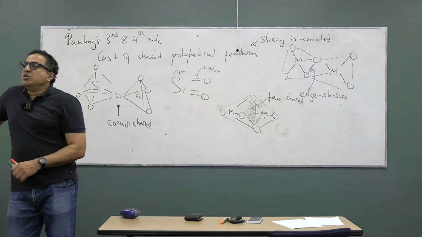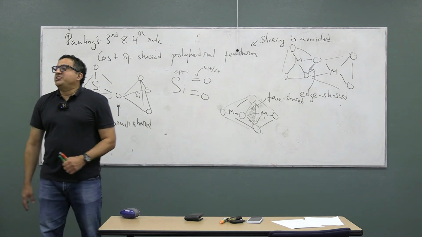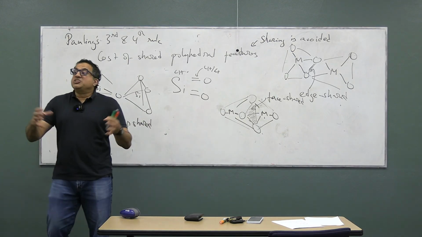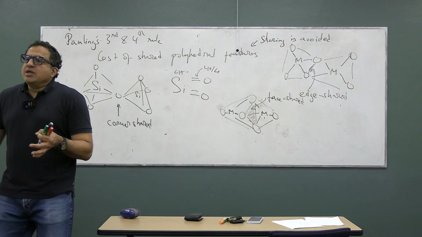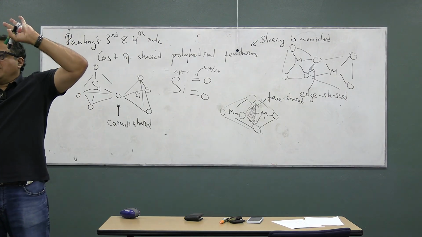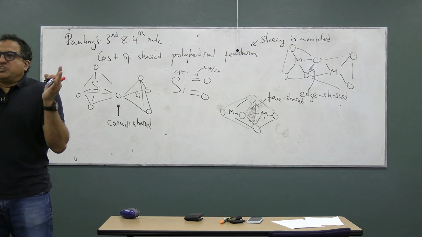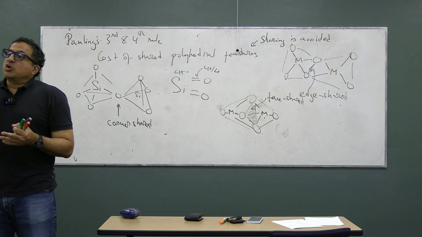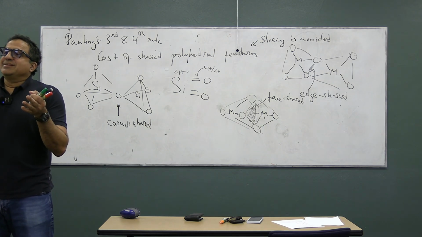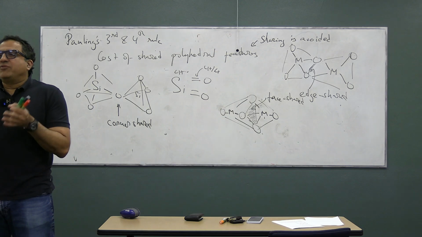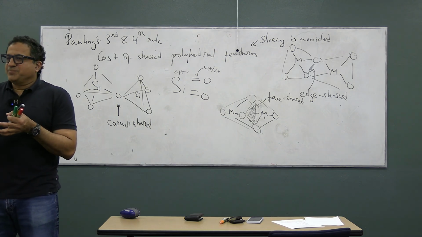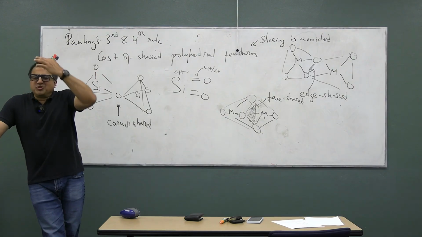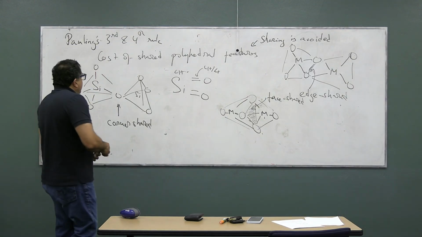See, I'll show you. In cesium chloride, there is face sharing, but it's the face sharing of cubes. So cesium chloride says, I don't mind. In the rock salt structure, there is edge sharing, but the rock salt structure is 6 coordinate. And the charges are rarely above 2 plus, 2 minus. Okay? So Pauling's fourth rule is a bit of a tongue twister.